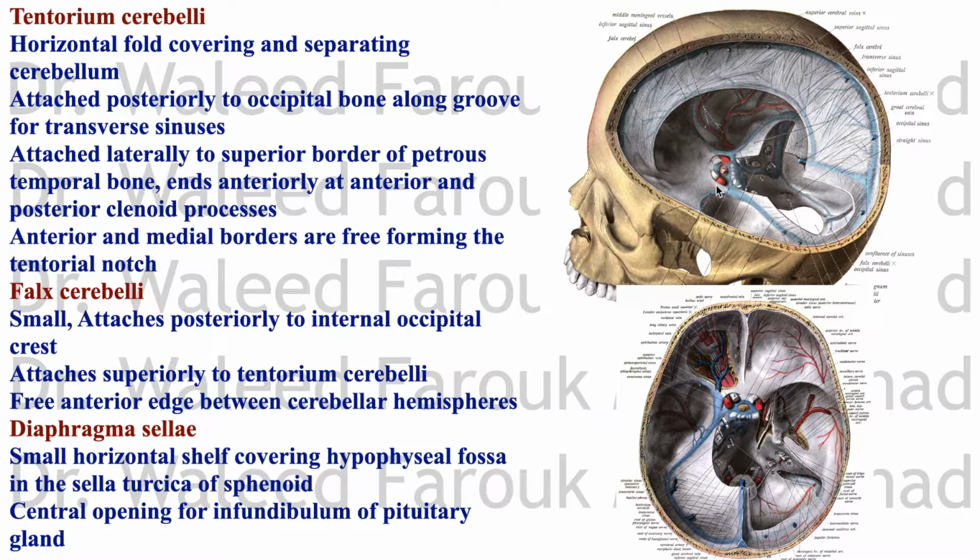It has a central opening for the passage of the pituitary stalk, the infundibulum, the connection between the pituitary and the hypothalamus above it. So this is the diaphragma sellae.